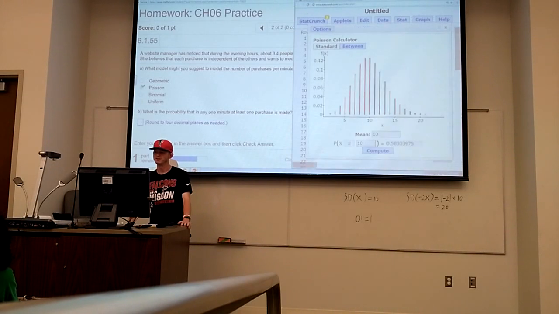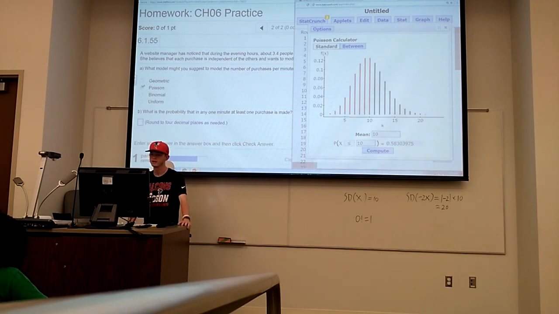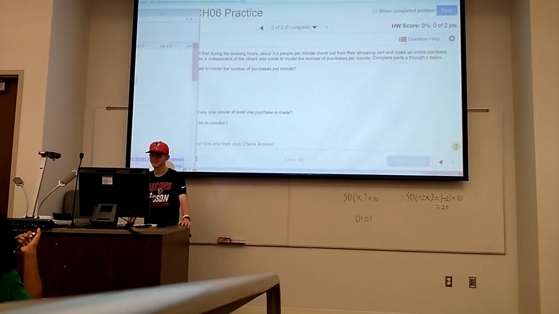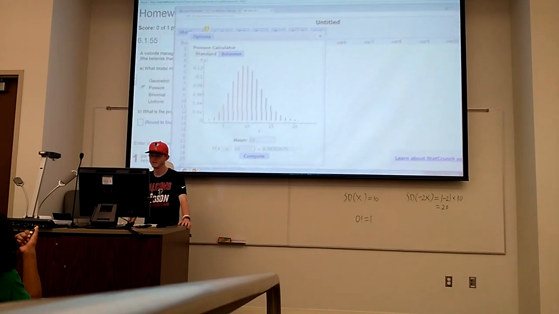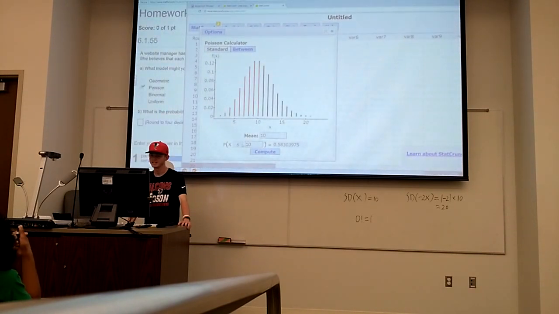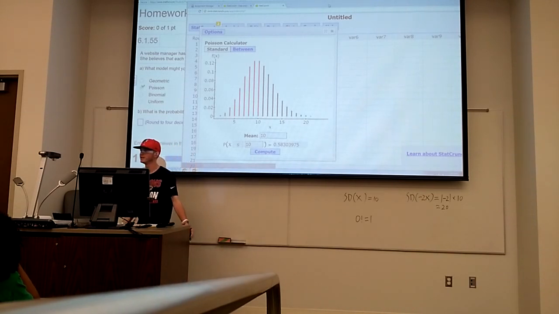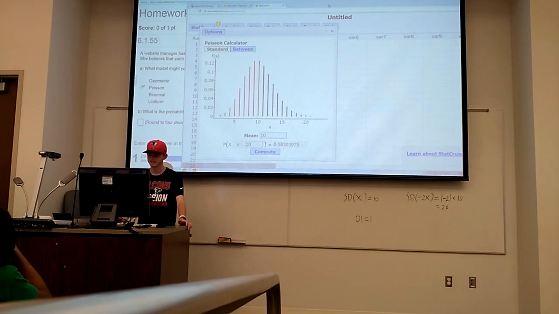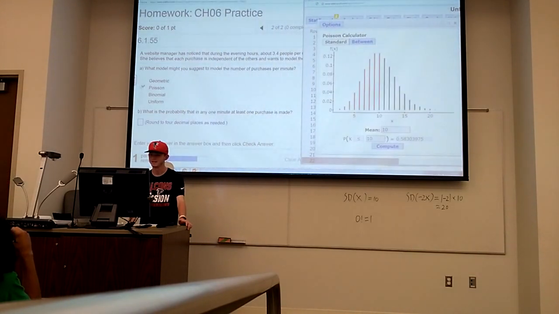Is where I get a little confused. All the numbers you need are directly from the equation. 3.4 per minute, so what is the mean? It's 3.4, right?